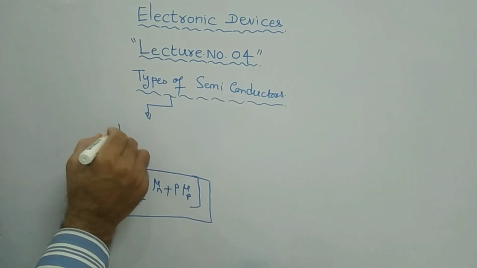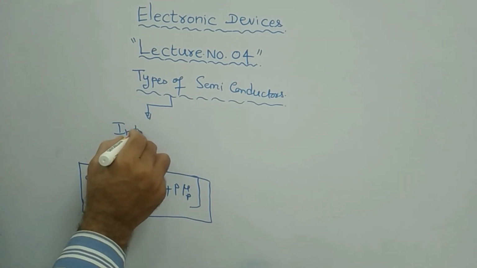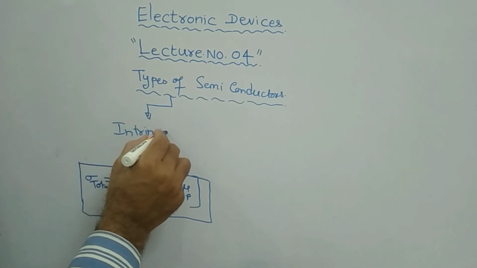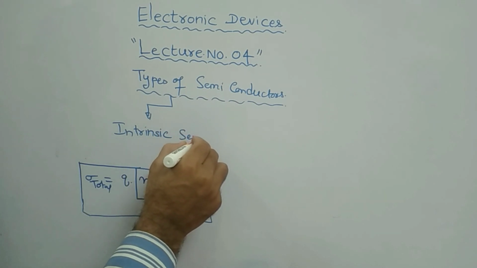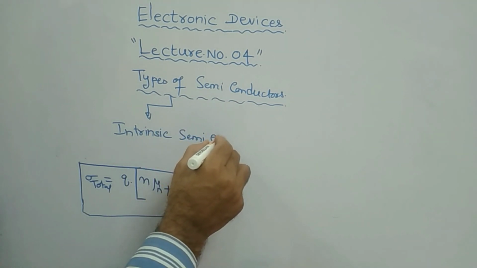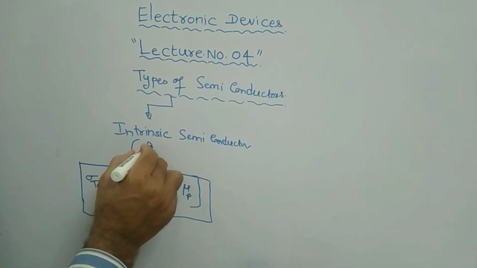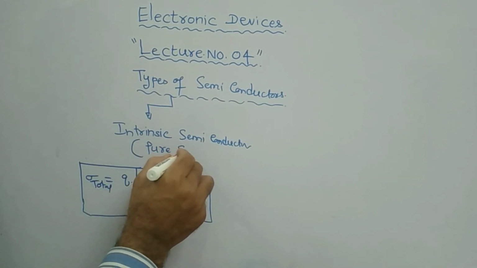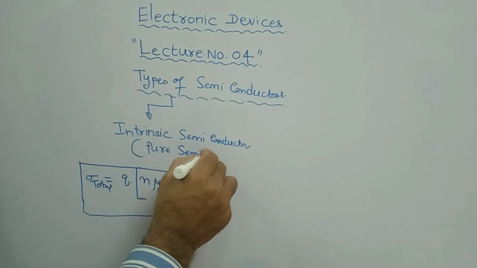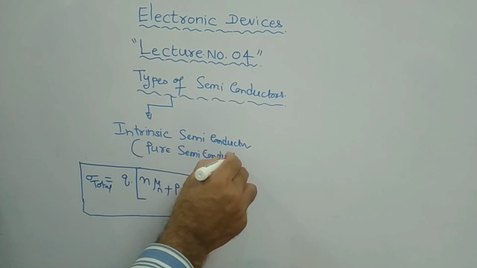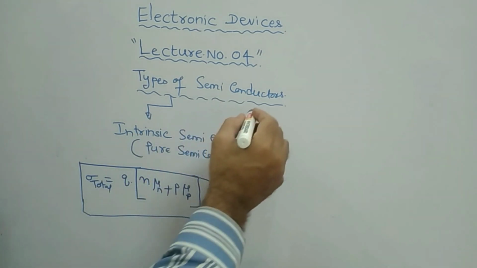One is the intrinsic semiconductor, also called a pure semiconductor, intrinsic or pure semiconductor.